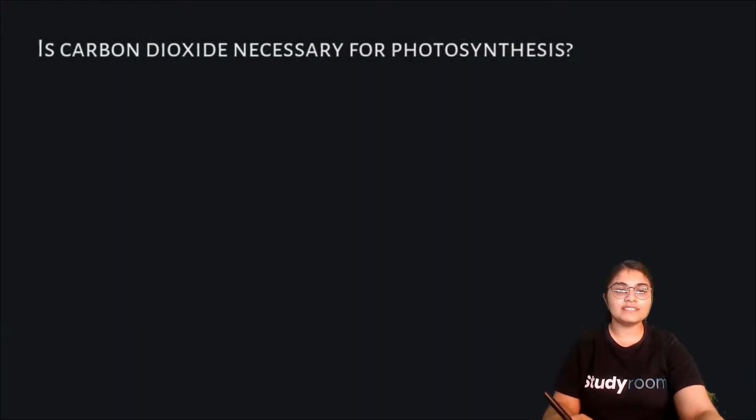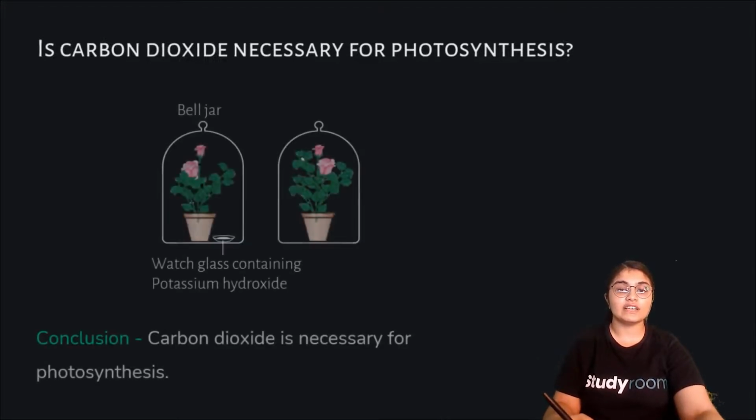Next up, we have a question: is carbon dioxide necessary for photosynthesis? How can we prove that carbon dioxide is a very necessary component for photosynthesis? For that, we'll do an activity where we'll take this whole apparatus where a plant is put inside a bell jar.